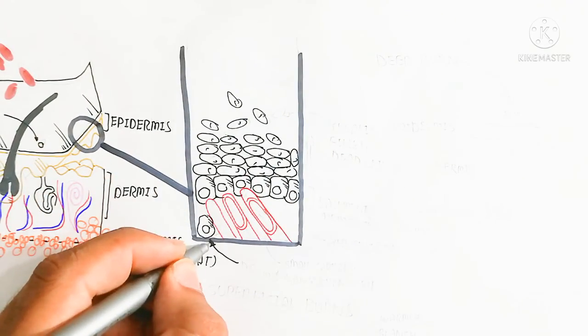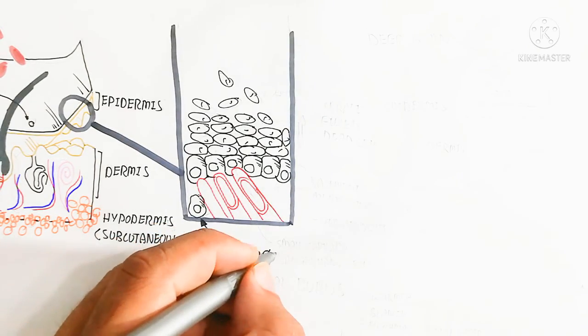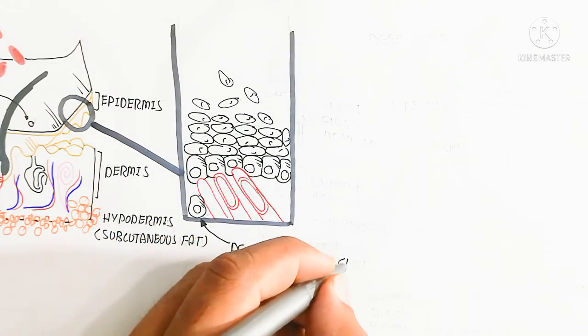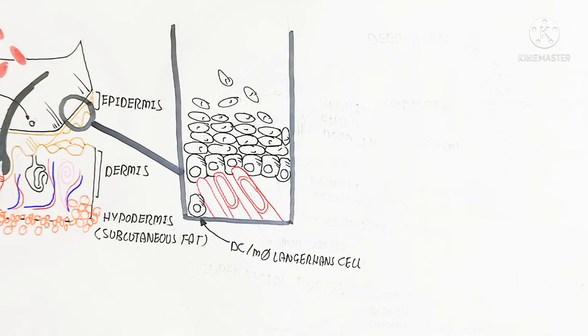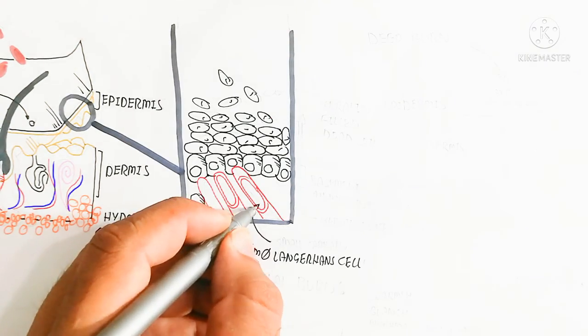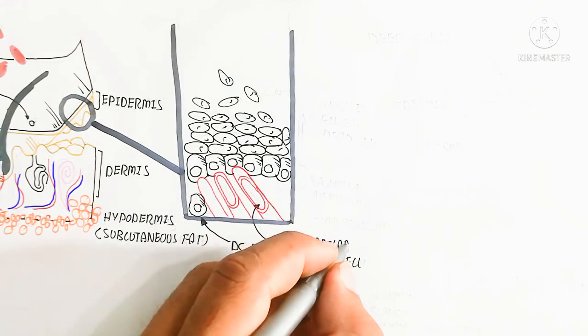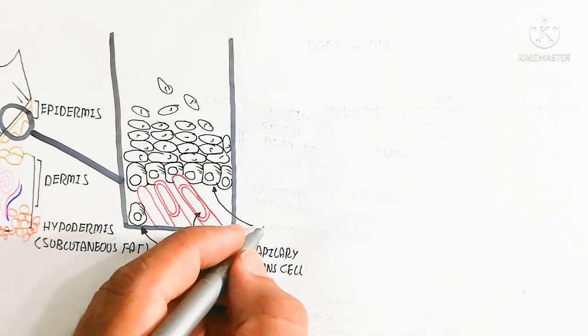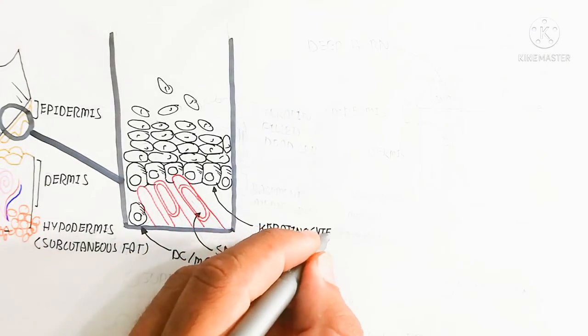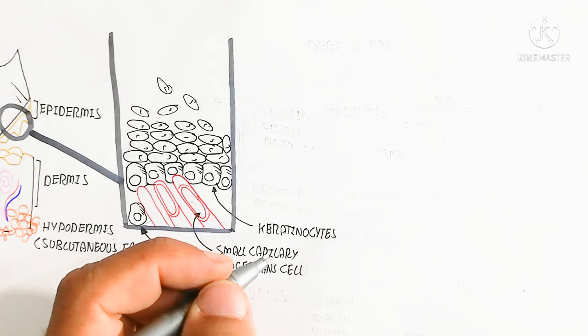Here we are understanding the epidermis. The epidermis contains dendritic cells, Langerhans cells, and macrophages, which are used for innate immunity. And this is the small capillary, and the upper part has living keratinocytes.